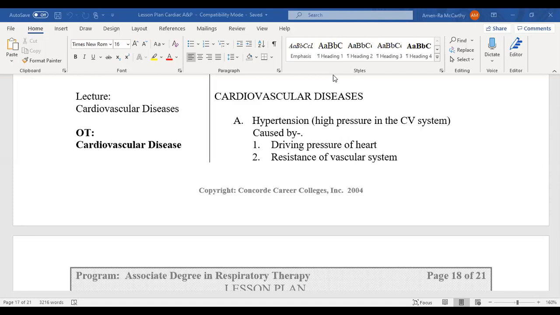So if the pressure becomes too high in the left atrium, or if this mitral valve is not working properly, not opening up like it's supposed to, blood is going to back up. And if it backs up from here, backs up through here, it's going to go into the lungs. So then you'll see that in the x-ray, it just looks like a lot of fluid around the heart.